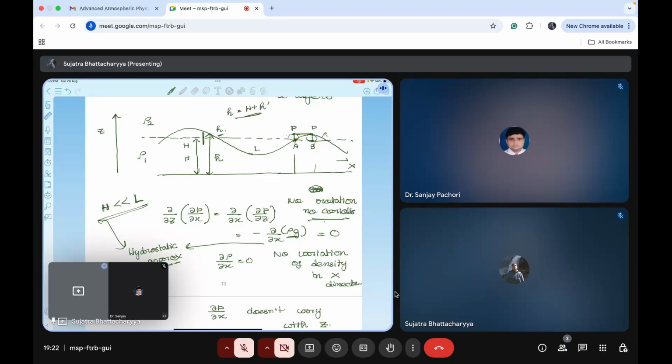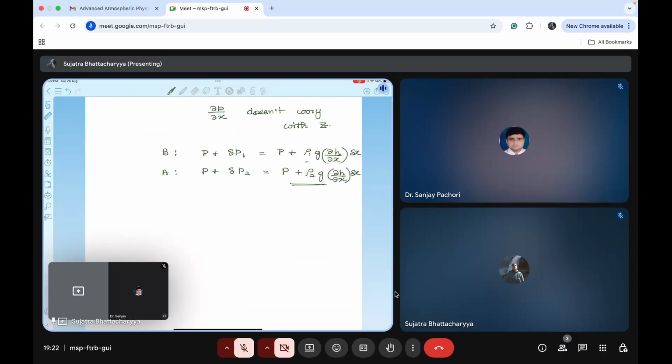At B, the h is the same, but based on this. What I am trying to show is that this h is from the base to the wave surface. So the wave surface at A is here, at B is here. So that's why the del H del x variation is coming.